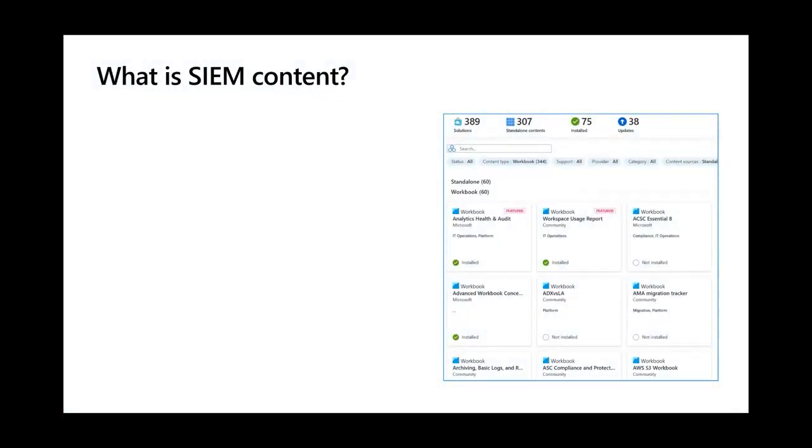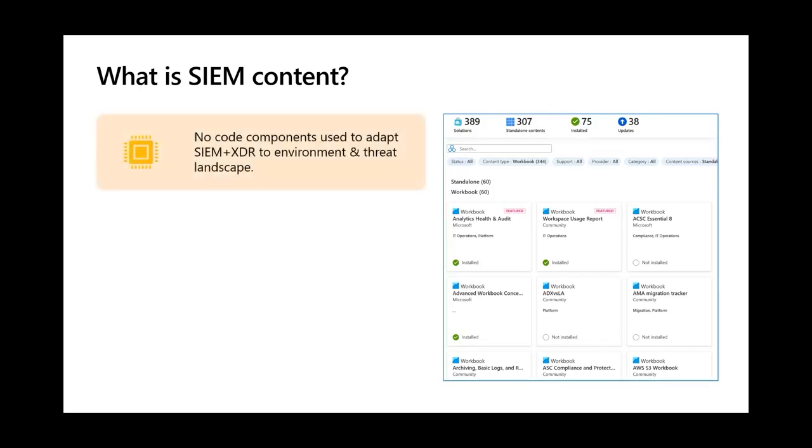To start with, let's talk about what is SIEM content. It's a term used very commonly in the SIEM world, but the word content is so generic that it's probably worth revisiting what it means in the SIEM world.